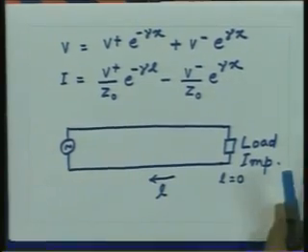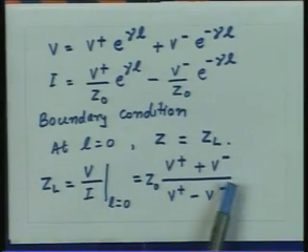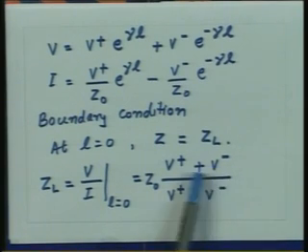Then, satisfying the boundary condition at the load end, we got the relationship between the impedance at the load end and a parameter which was the ratio of V minus by V plus.